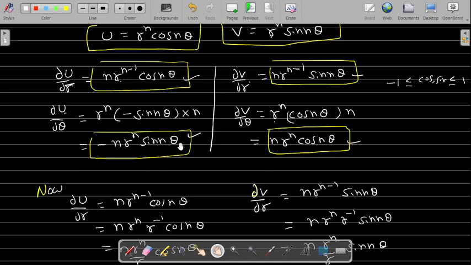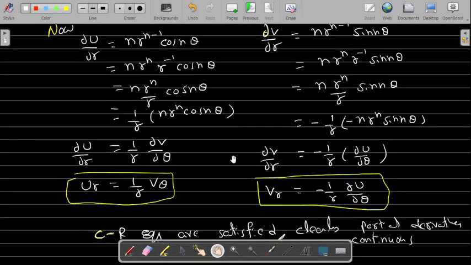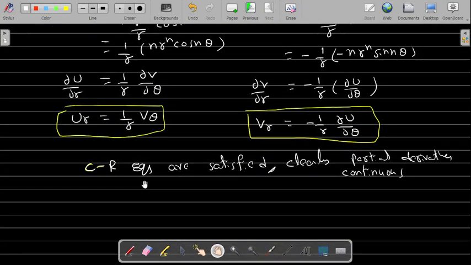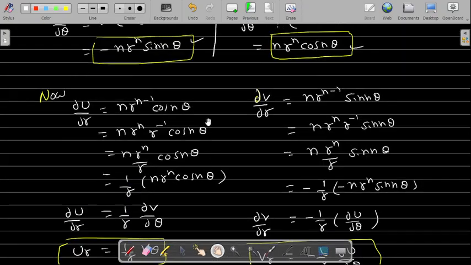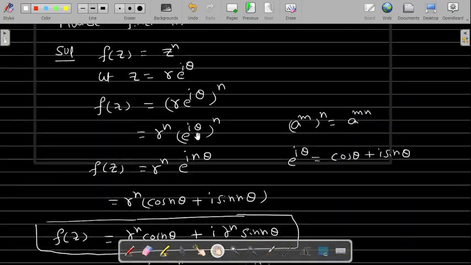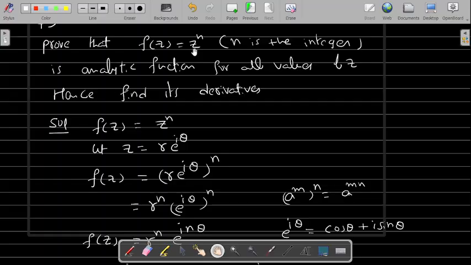When you are getting finite values, it means these partial derivatives are continuous. So the CR equations are satisfied and the partial derivatives are continuous. Therefore f of z is an analytic function. Now who is f of z, the given problem? f of z equal to z power n. That means z power n is an analytic function.